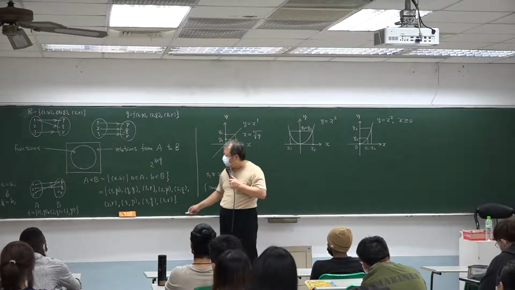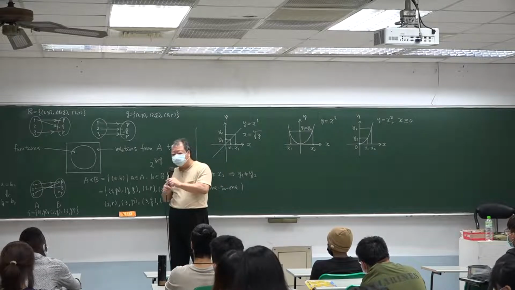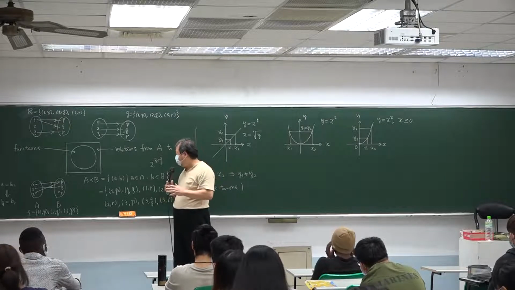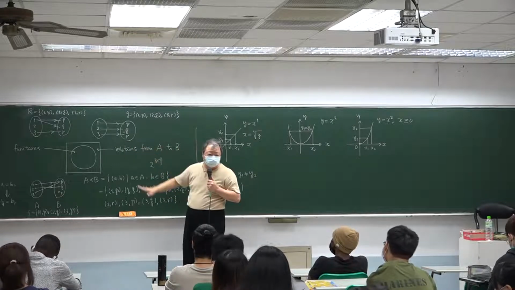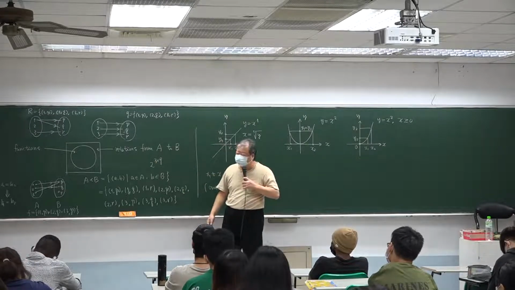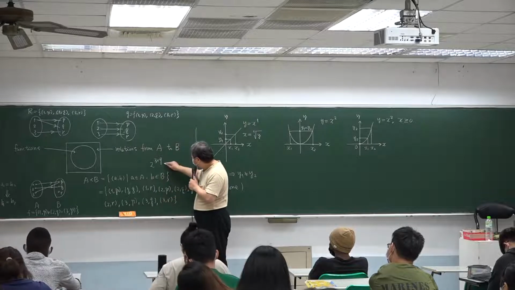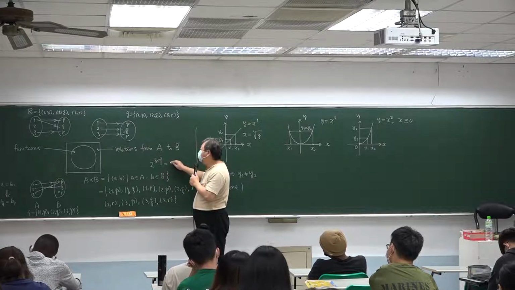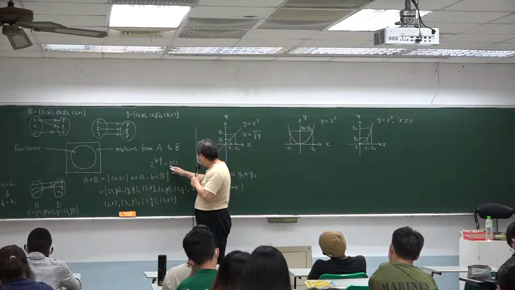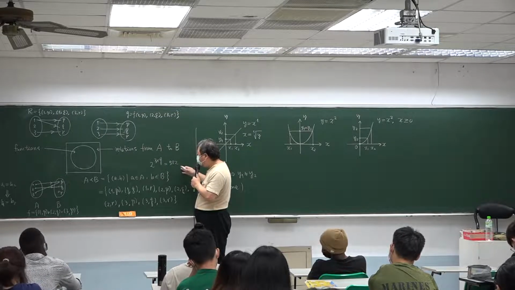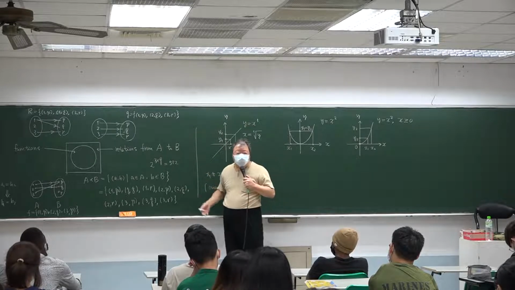So mathematics does not focus on some very special one, but concerns the most general concept. Okay, there are 512 possible relations.